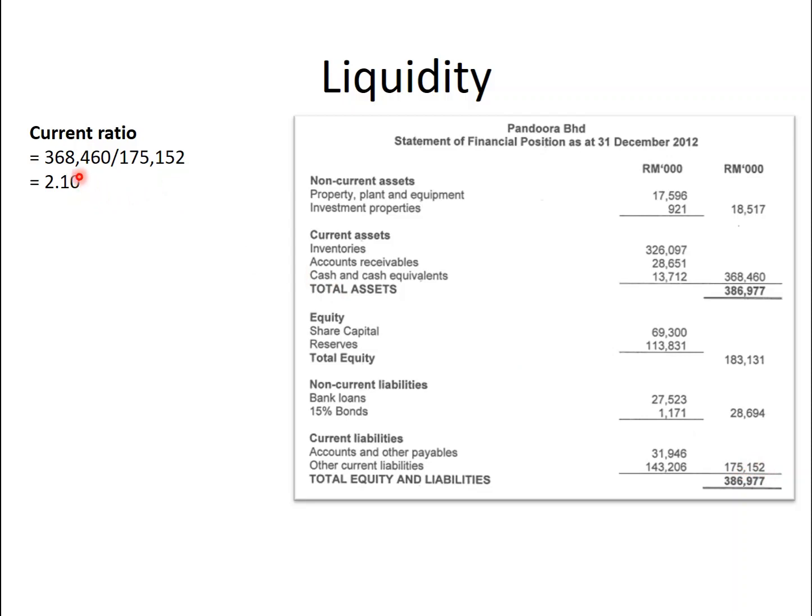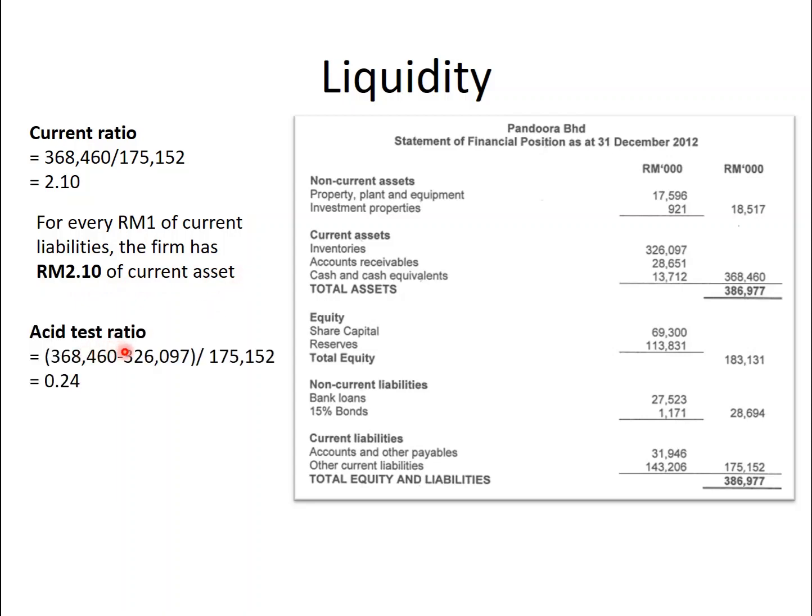Then the answer is 2.1. So for every RM1 of current liabilities, the firm has RM2.1 of current assets.